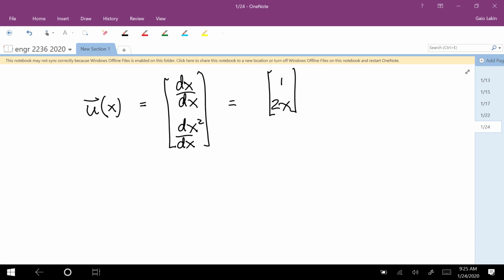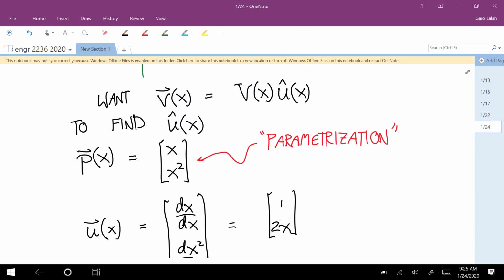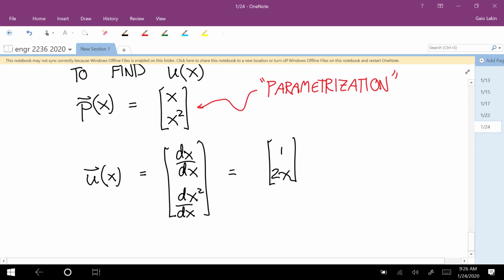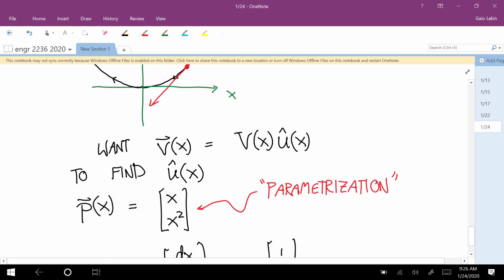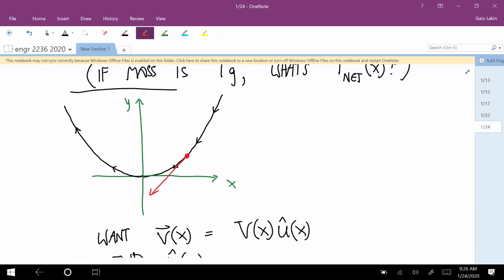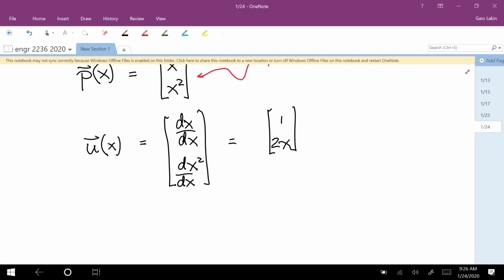And now we have to come up with a unit vector. Wait, one more thing. So if this is the direction we want, what we just calculated was a vector that's in the direction tangent to the path in the direction of increasing x.